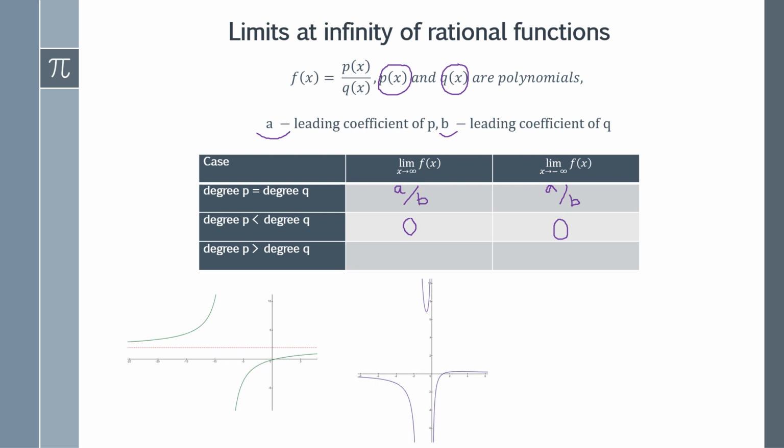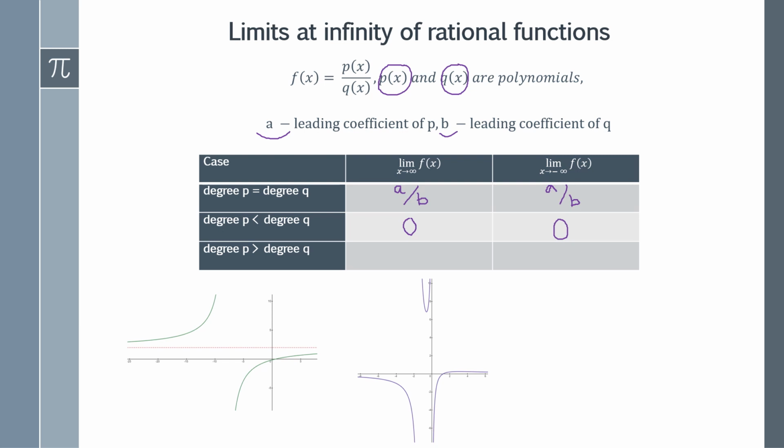Here is a quick example of a function where the degree on top is smaller than the degree on the bottom, and you can see how the two branches are approaching zero. They are coming from two different directions, but we do have a horizontal asymptote here, and that is y equal to 0.